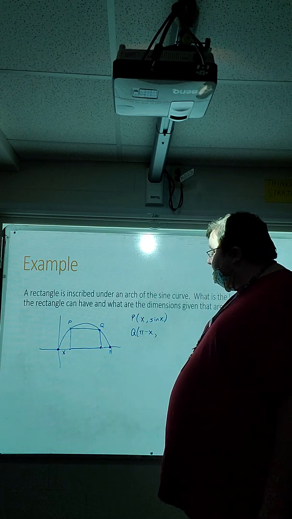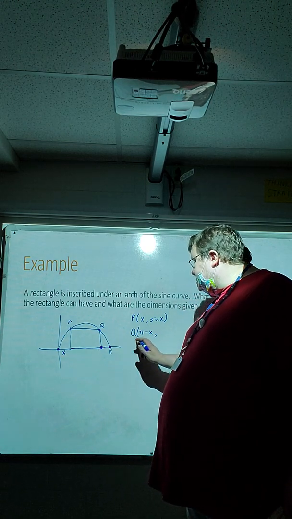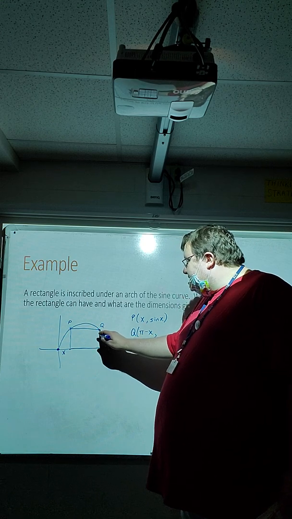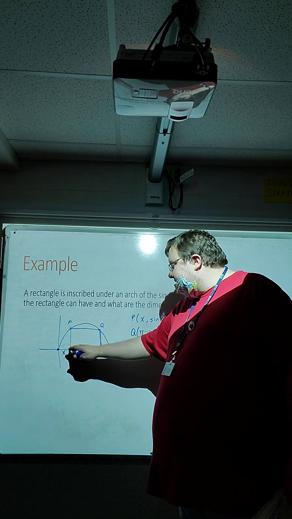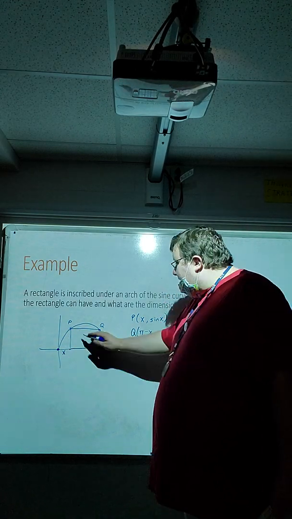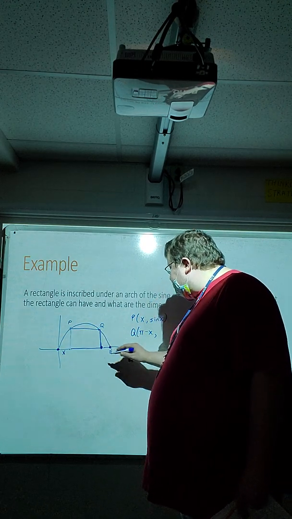Now, the y-coordinate there, yes, it could be sine of that, but actually, because of the way sine works, we know also geometry-wise that this side is going to be equivalent to this side. So if that side of the rectangle has a y-coordinate of sine of x, this is also sine of x.